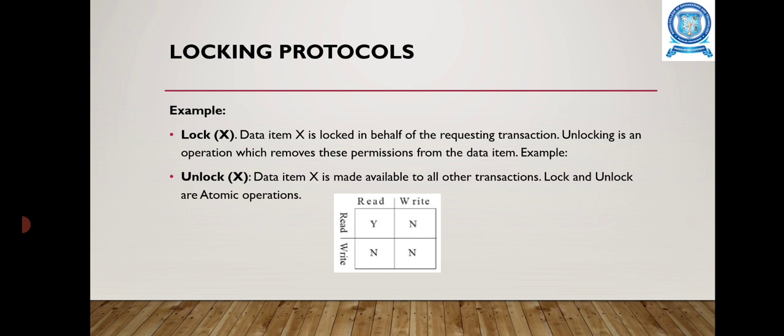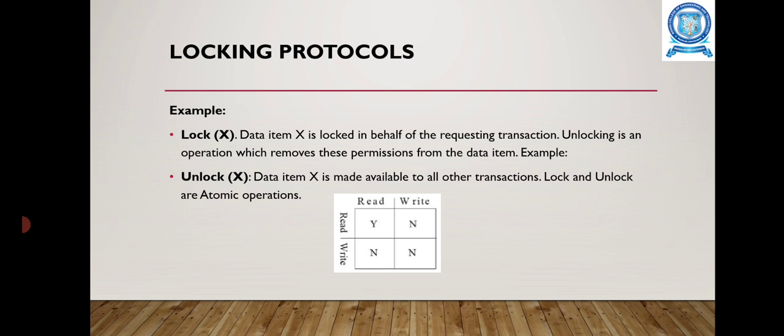Lock and unlock are atomic operations. This is the matrix for read and write lock. That means if a read is made, a read lock is made. One item is read, then it is locked.